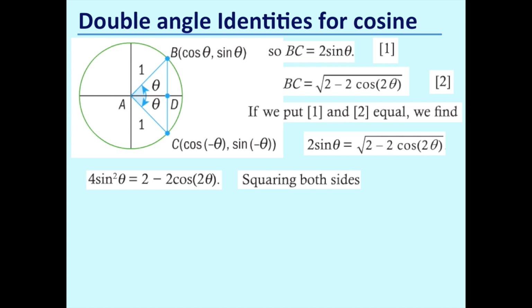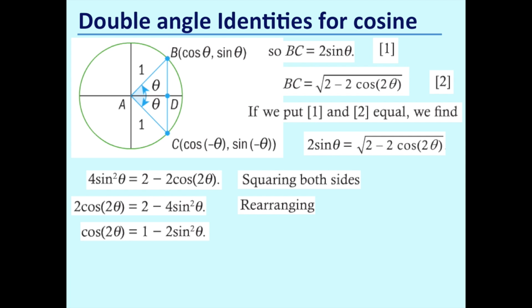If we square both sides, we get 4 sine squared theta equals 2 minus 2 cos 2 theta. And we can rearrange that to give us 2 cos 2 theta equals 2 minus 4 sine squared theta. And dividing through by 2, we are left with cos 2 theta equals 1 minus 2 sine squared theta.